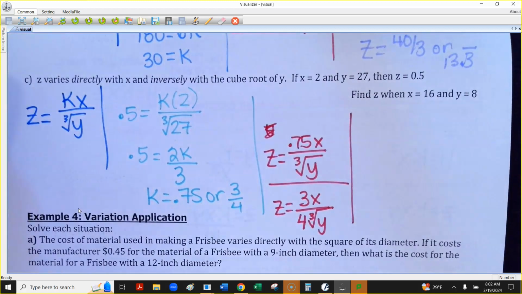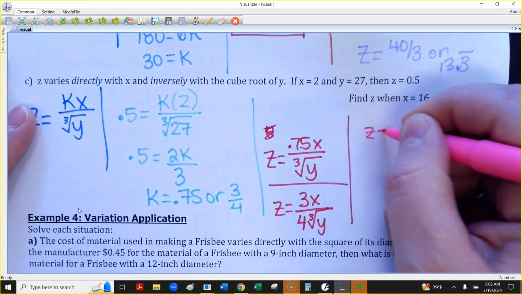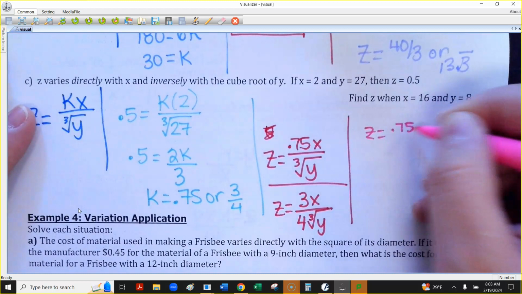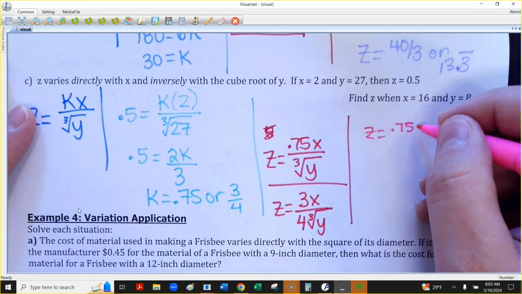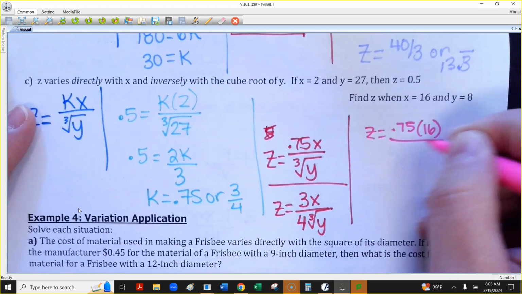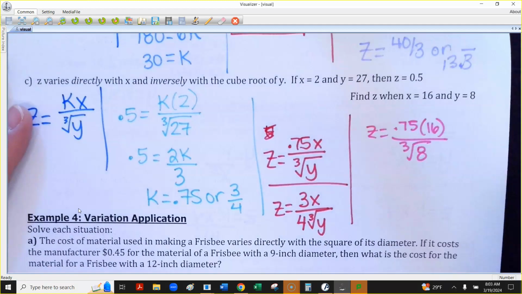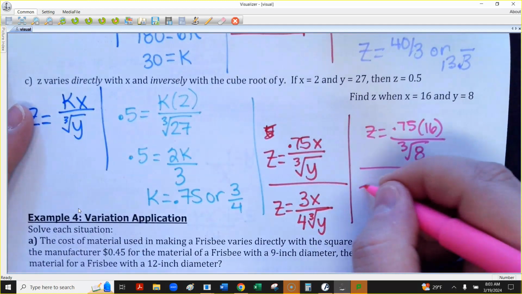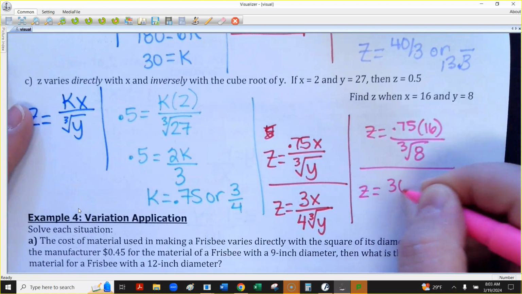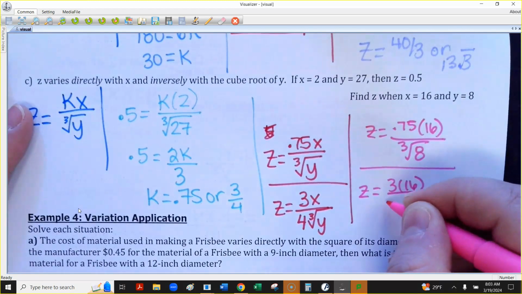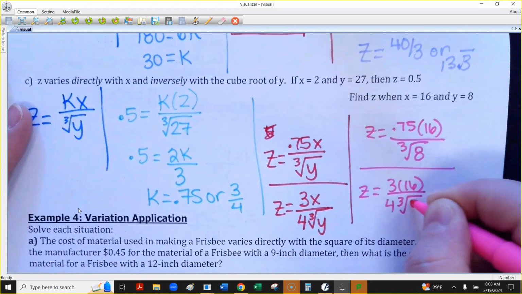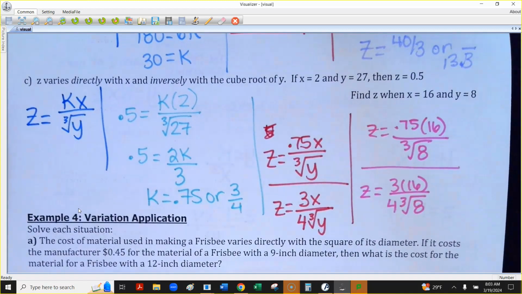All right, so if I do 0.75 here, find z when x is 16 and y is 8. You could do it like that, or you could do 3 times 16 on the top and then 4 times cube root of 8, either way. Does anybody remember cube root of 8?